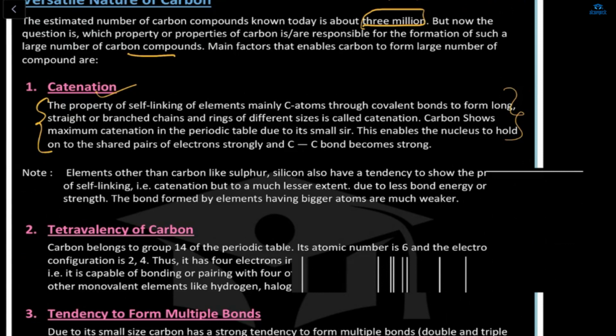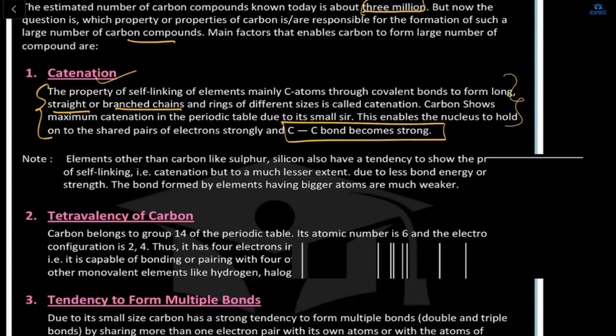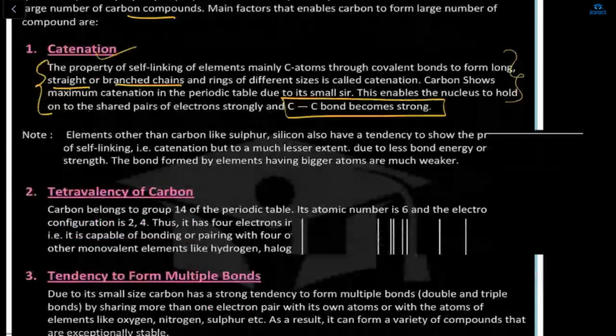The property of self-linking of elements, mainly carbon atoms, to form straight or branched chains and rings of different sizes is catenation. If one C combines with another C, it becomes a very strong bond between them. So this is catenation: straight or branched chains with strong carbon-carbon bonds.